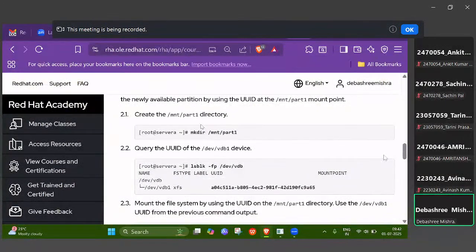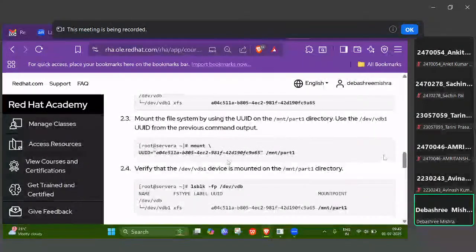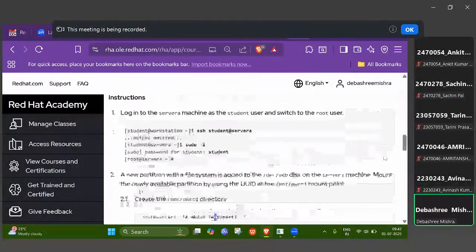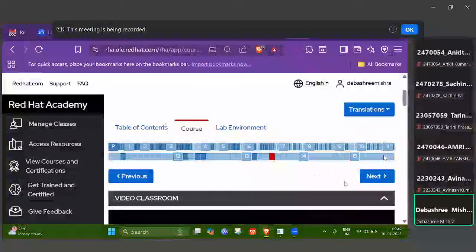Then you need to create a directory, and there are other ways to create it as well. Then you need to use a UUID and create it, and all these things. Then you are doing mounting, which is like a cut-paste kind of thing. So mounting is another way to do this. What I need is that you go through it.